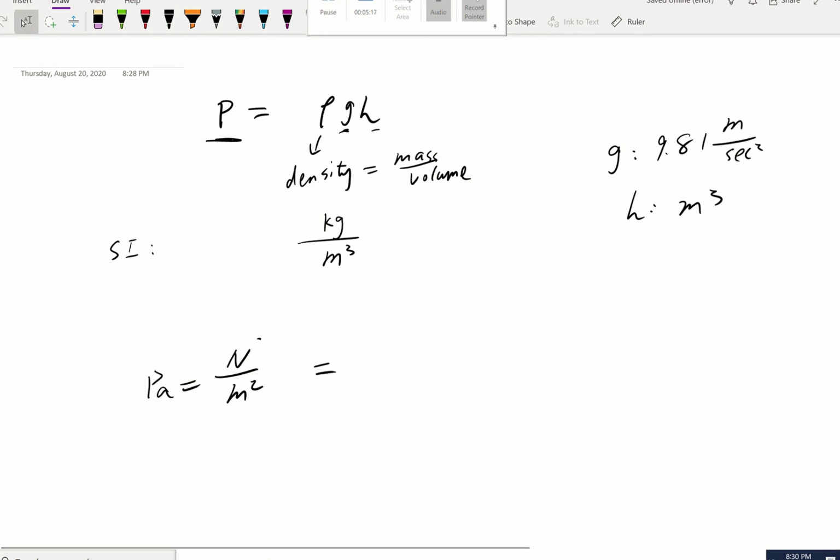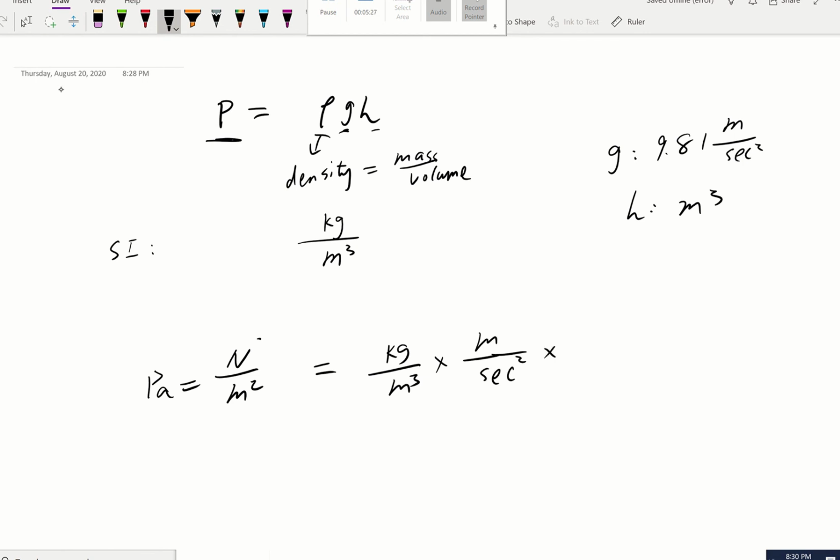Then the right-hand side, density, is mass in kilograms per cubic meter. G is meters per second squared. And H, oh, I think I made a mistake on H here. I wrote it as cubic meter. That's not right. H is just meter. So times meter.